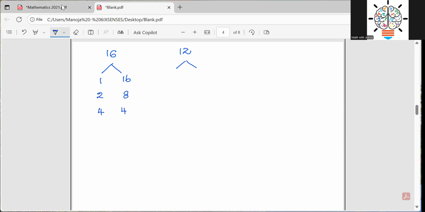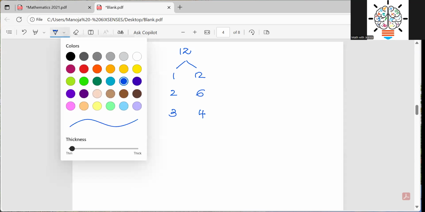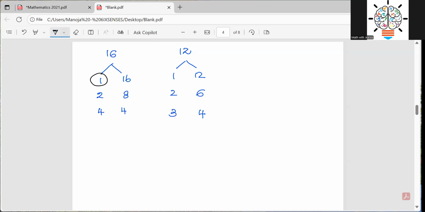That's it. And then 1 times 12, 2 times 6, and 3 times 4. That's it. Out of these numbers, I circle the numbers which are common. 1 common, 2 common, 4 common. So only these 3 numbers are common.